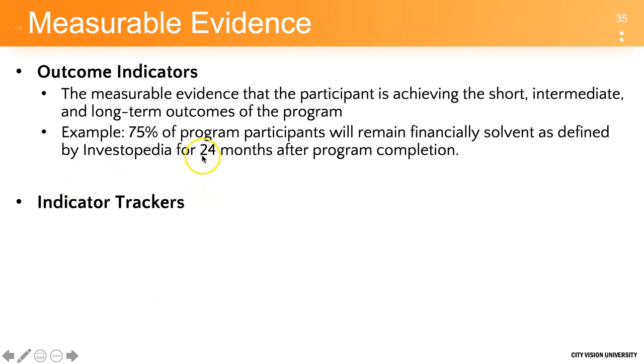The time period here is 24 months after program completion. So there's a lot packed in there, but that is an example of an outcome indicator. This is actually going to be a long-term outcome, by the way, because you're talking 24 months out after program completion. And being financially solvent is specifically a change in a person's condition, not their attitude, skill, knowledge, or their behavior.